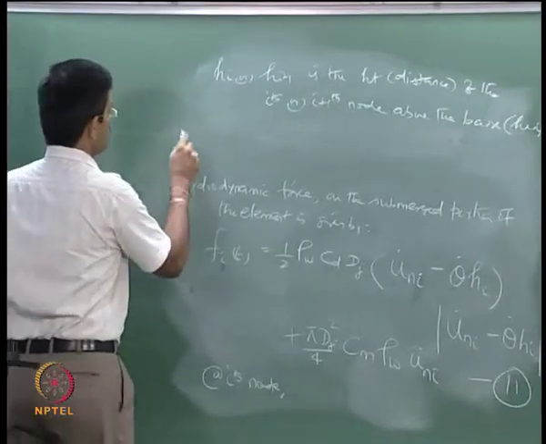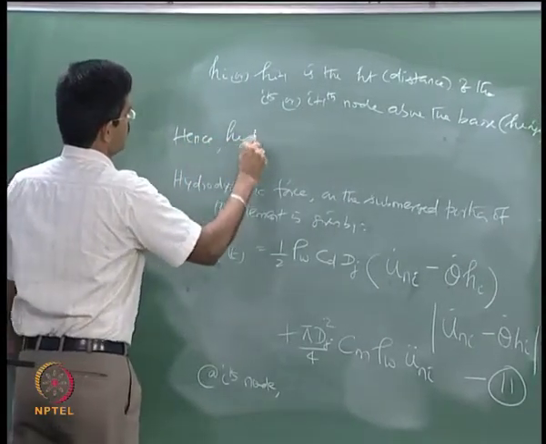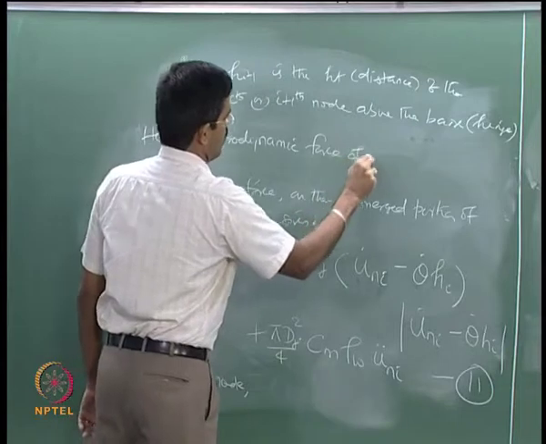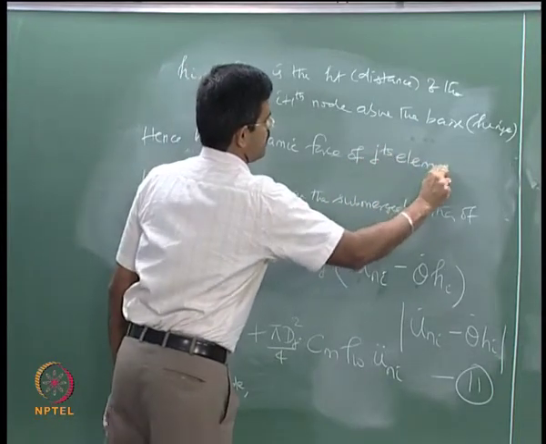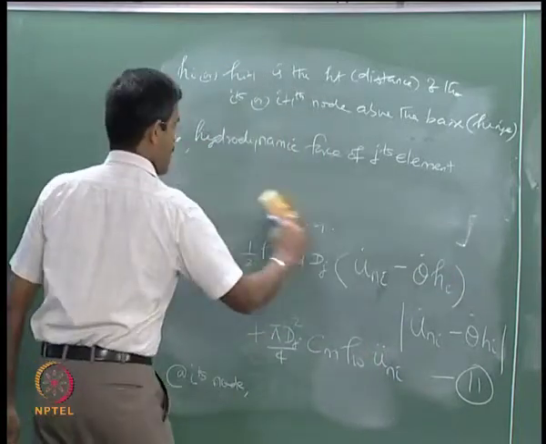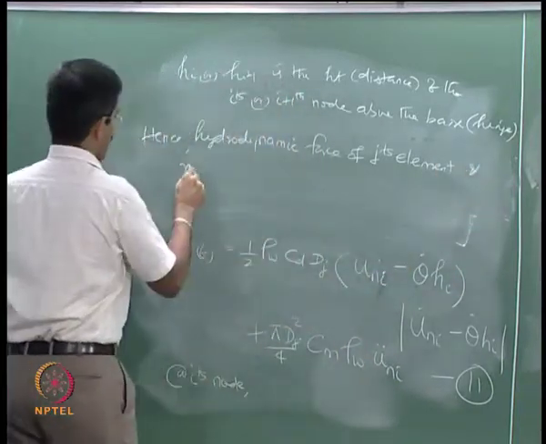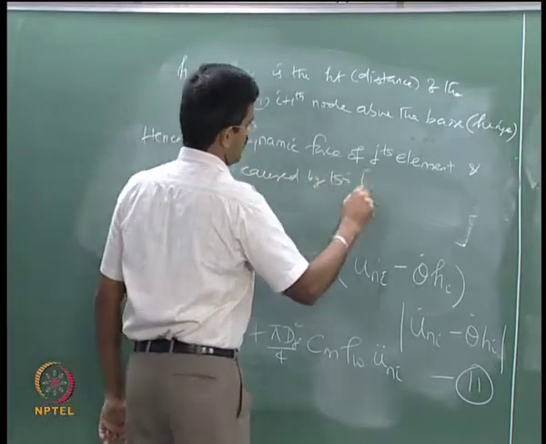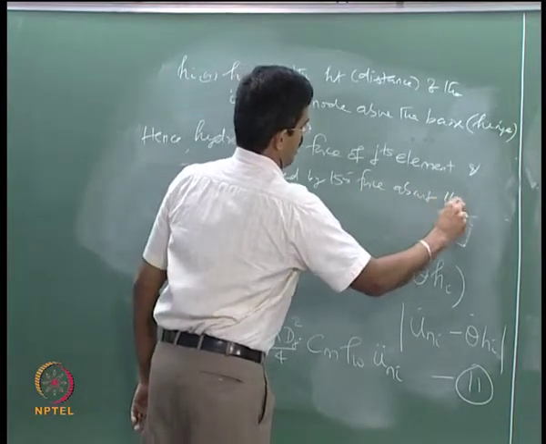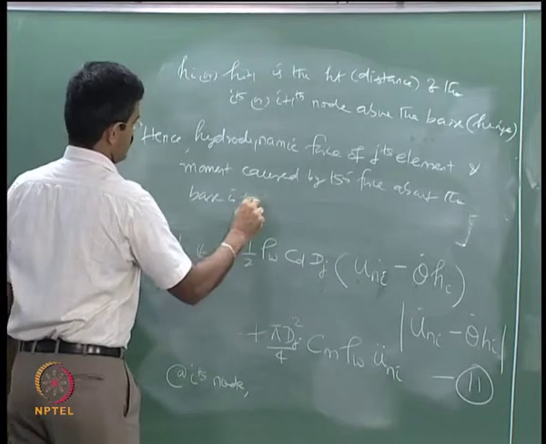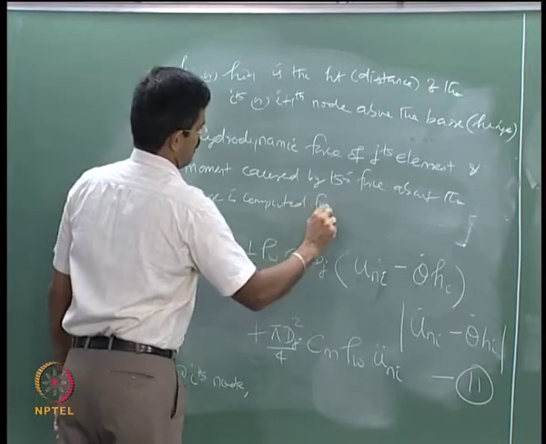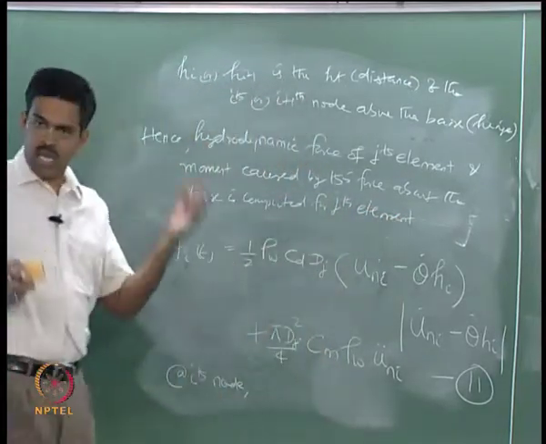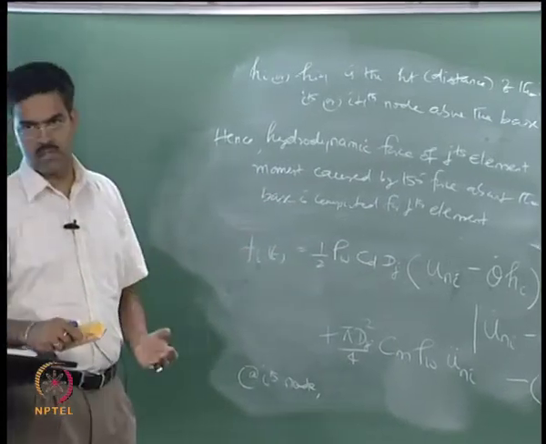Hence, the hydrodynamic force of the jth element and the moment caused by this force about the base is computed for the jth element. If you want to do it for the entire tower, I should keep on adding this for different numbers of elements.